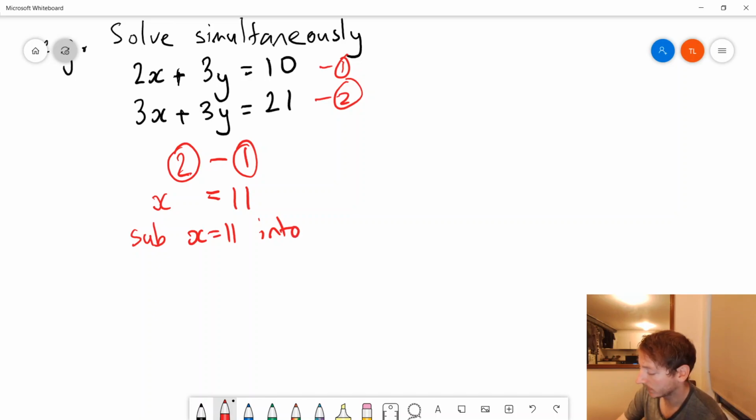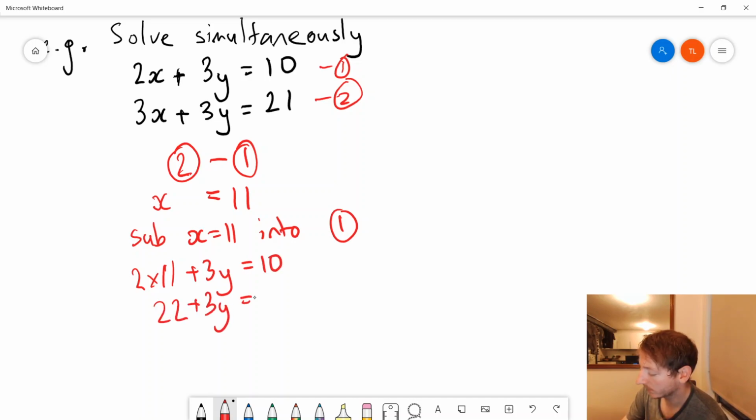into, well, let's go equation 1, it's a bit nicer. 2 times 11 plus 3y equals 10. So 22 plus 3y equals 10. 3y equals -12, because I've taken 22, not divided, taken 22 away from both sides.